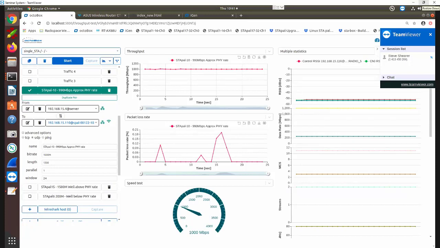Steve, we do have a question. They're asking, what kind of traffic is used for the demo, and what are the other reasons for packet loss? Okay, thank you. I am using UDP, which many people call a fire and forget protocol.